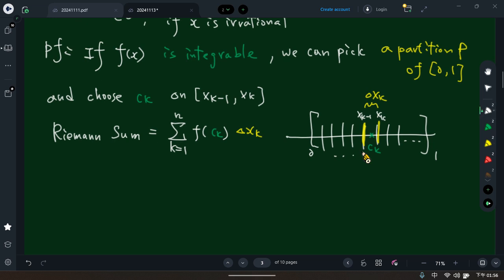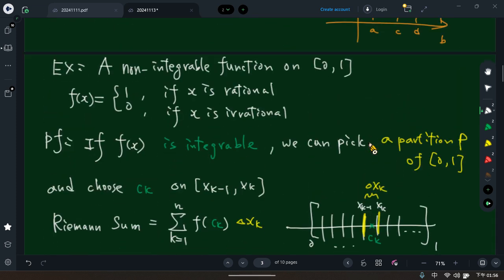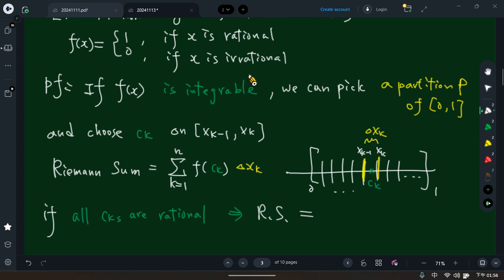And then we try to discuss the condition. If all ck's are rational, so that the Riemann sum will be how much? If all ck are rational, then its return value will be 1, right?